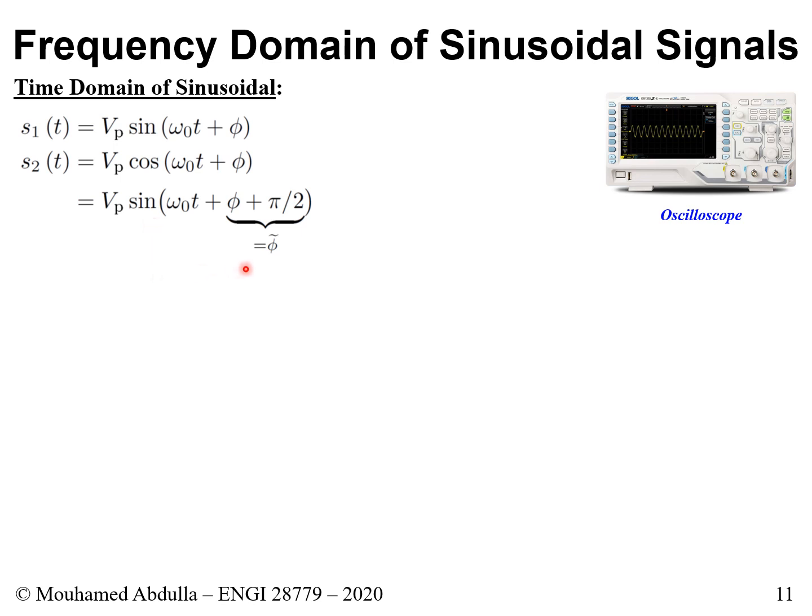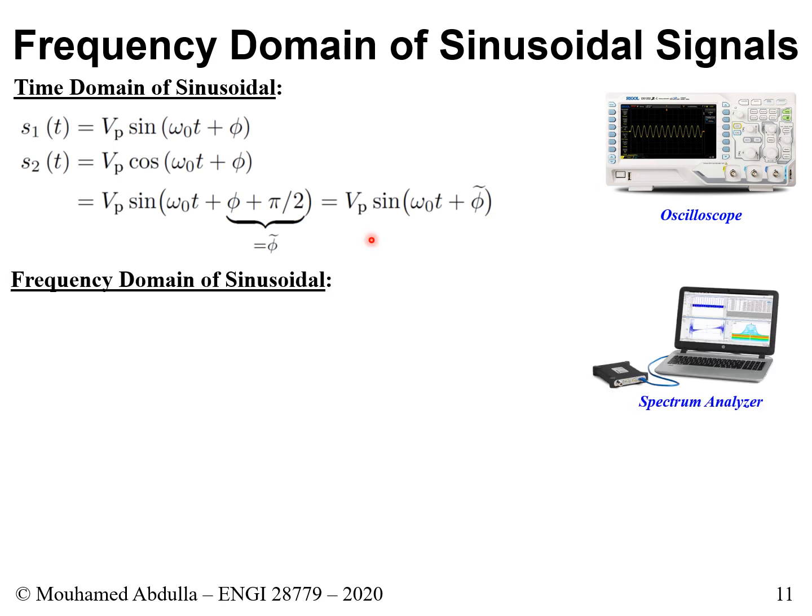And if you want to use a different notation, let's call this some new phase, phi with a tilde, and then you'll be able to write it as such. So Vp is the peak, and you have the sinusoid, and you have the radial frequency.